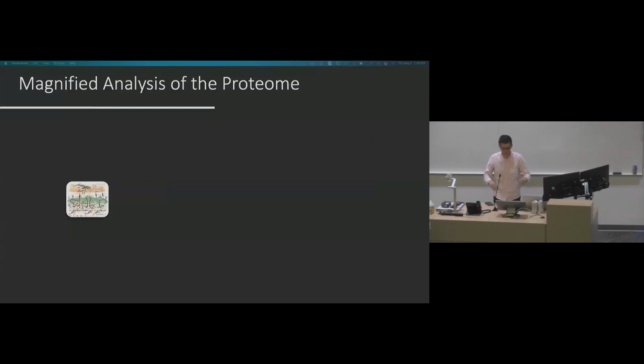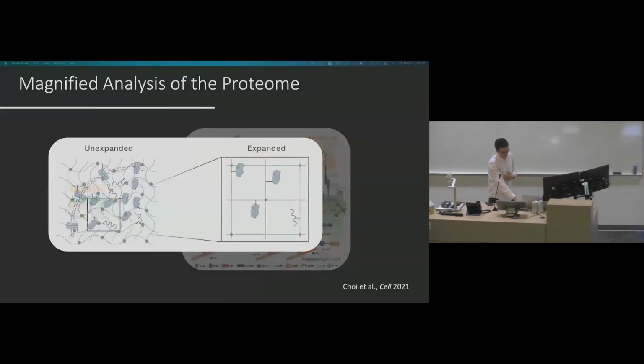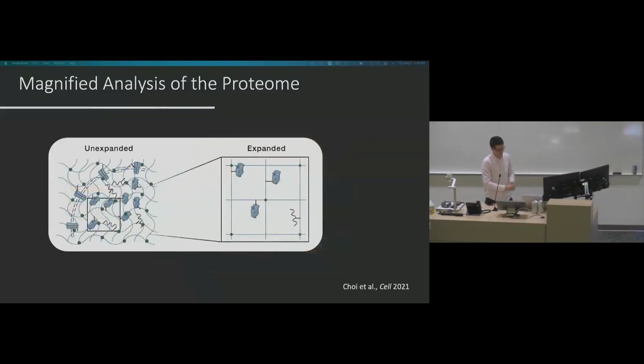Just to go quickly over the procedure, because they have been talking about this previously: the principle is to make the tissue physically bigger by embedding it in a polymer of acrylamide, and then, with some denaturant and washing, you get rid of most of the lipids, which makes it more accessible for the antibodies to target the antigens of interest.